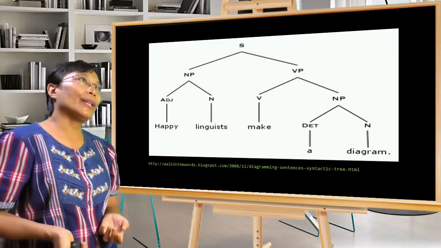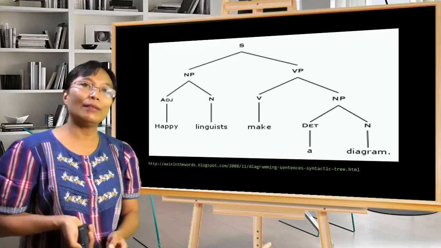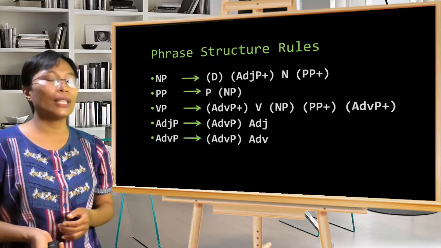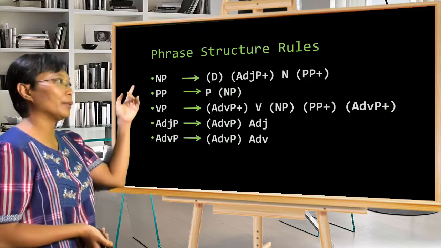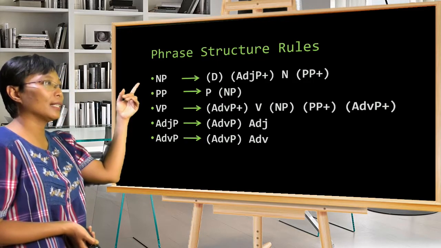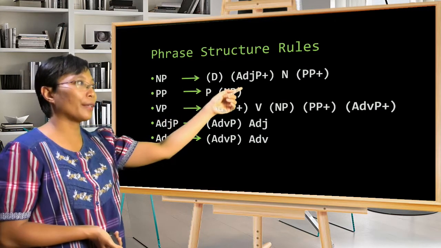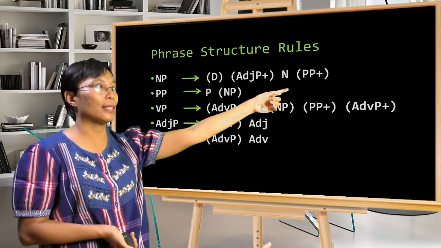Now, when we are talking about the structure of phrases, we have what we call phrase structure rules. And the phrase structure rules can be described using notation. For example, here, a noun phrase might consist of a determiner, an adjective phrase, a noun as the head, and a prepositional phrase.